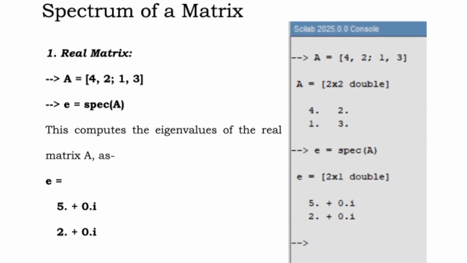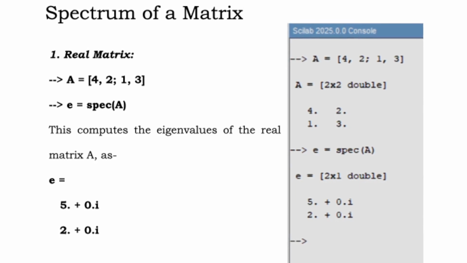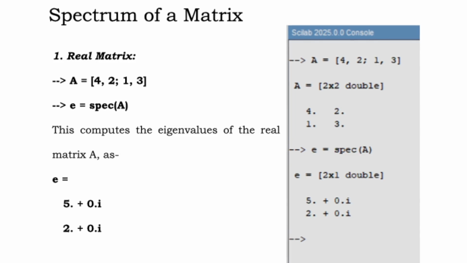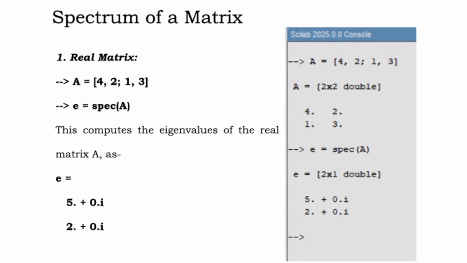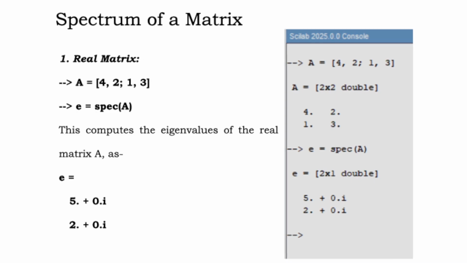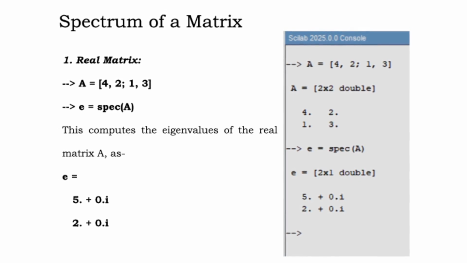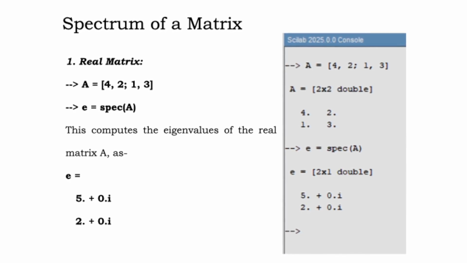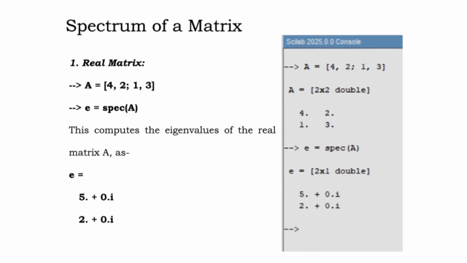The general syntax for the spec function is E equal to spec(A), where A is a square matrix, real or complex. E is a vector containing the eigenvalues of matrix A. Let us look at some examples to understand how spec is applied in practice.